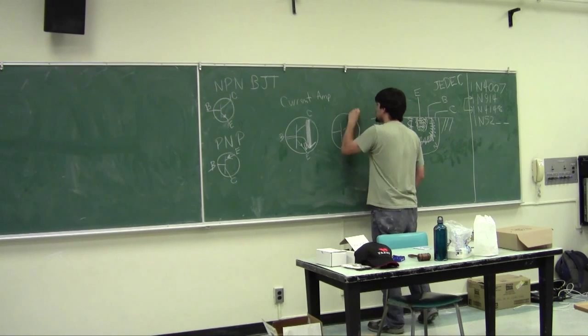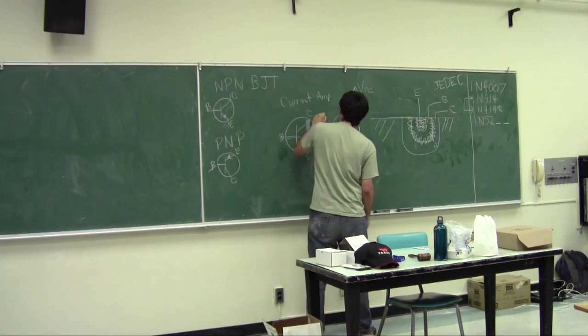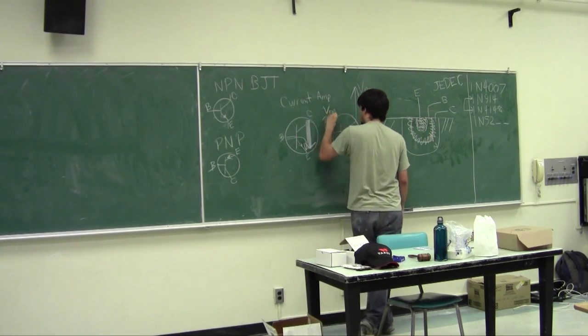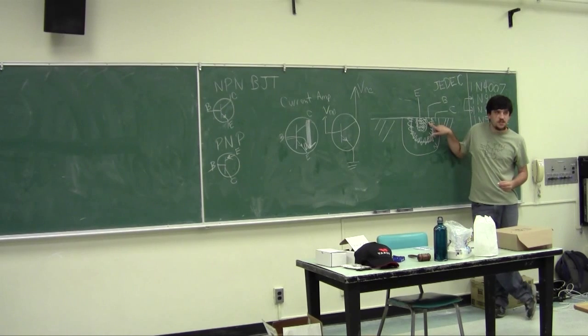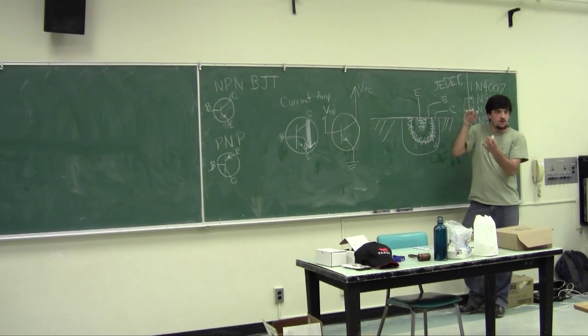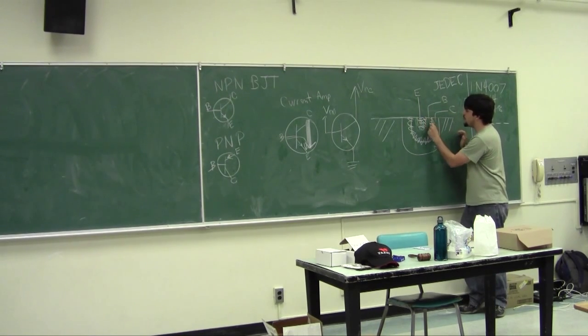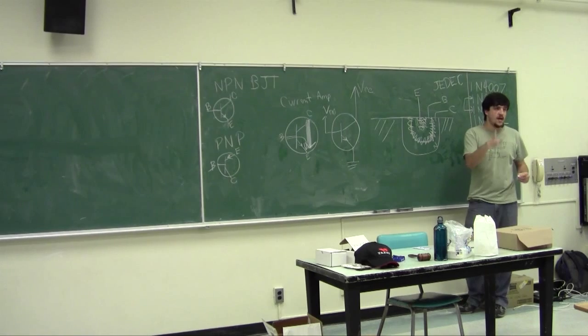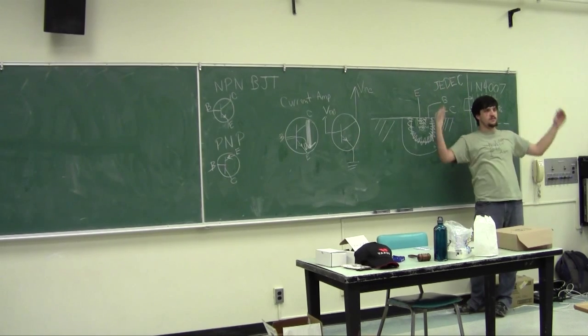So this is some positive voltage, some less positive voltage, and then this is a negative voltage. So by applying a small voltage here, we are eliminating this depletion region. That depletion starts to shrink until at 0.7 volts, that depletion region disappears. And now current can flow from the base to the emitter, which remember is actually electrons flowing from the emitter to the base. Because screw you, Benjamin Franklin.